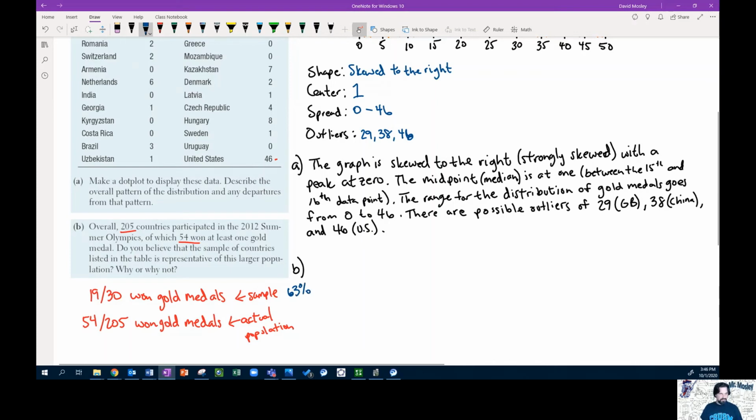But in the actual population, only 26%, roughly, won gold medals. So just based on this, this is not a very accurate representation. The sample doesn't accurately represent what actually happened. It's an overestimate of the number of countries that won gold medals. So we have to write a response.